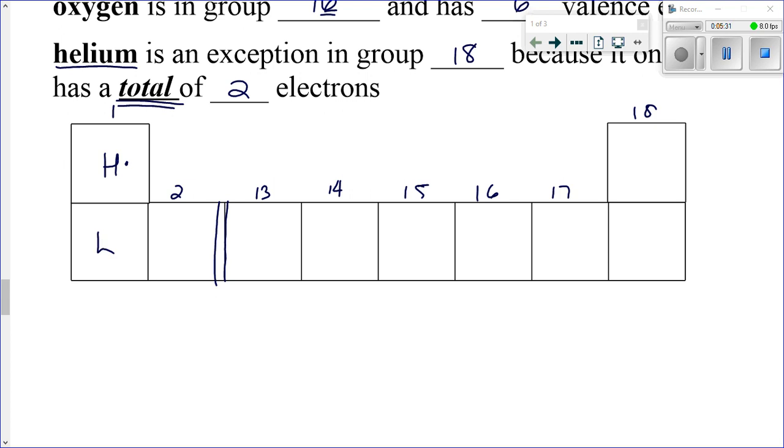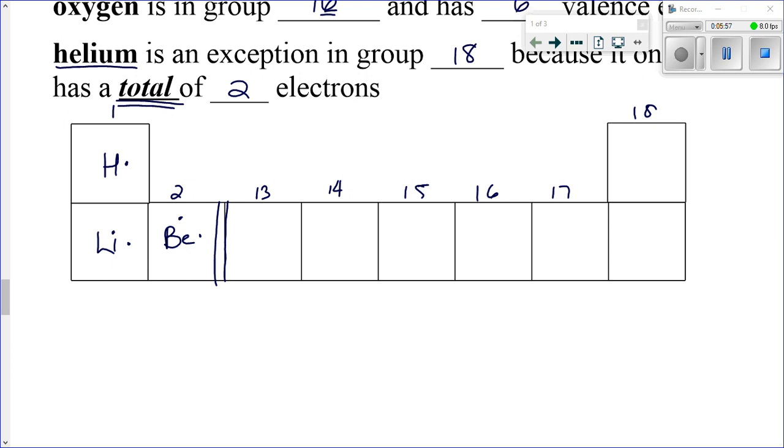Below hydrogen, we have lithium. Again, it only has one valence electron. Beside lithium, we have beryllium. So it doesn't matter where you put the electron, as long as you are distributing them through the domains before you buddy them up.